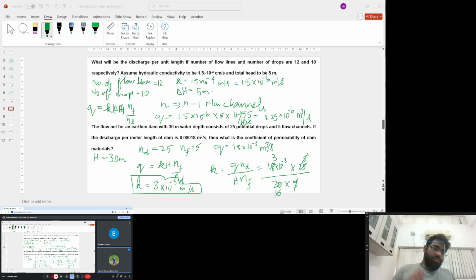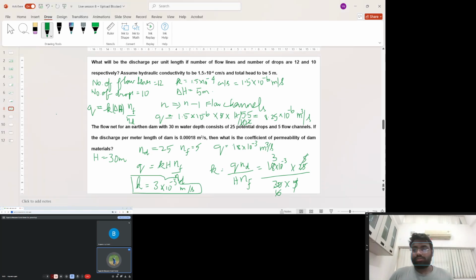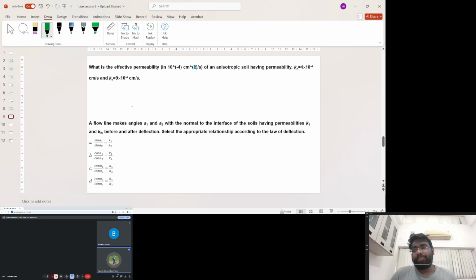Fine. Now let us move to the next question. What is the effective permeability of an anisotropic soil having permeability in one direction as 4 into 10 power minus 4 and in another direction as 9 into 10 power minus 4 centimeter per second?